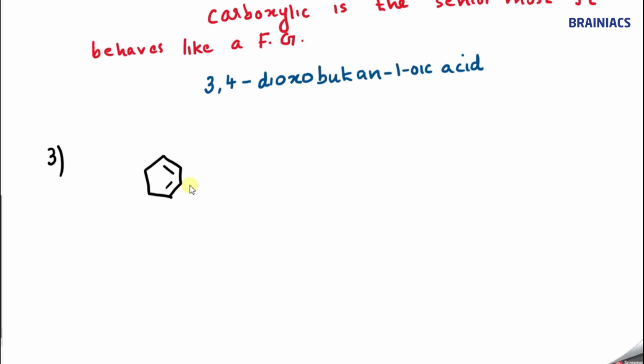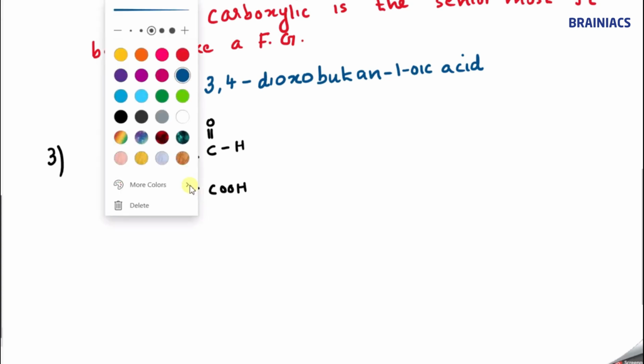Here if you see, I have connected first one C double bond O H, and next one COOH. Now how you will name this compound? This is the question. So we'll try to see how to do that.